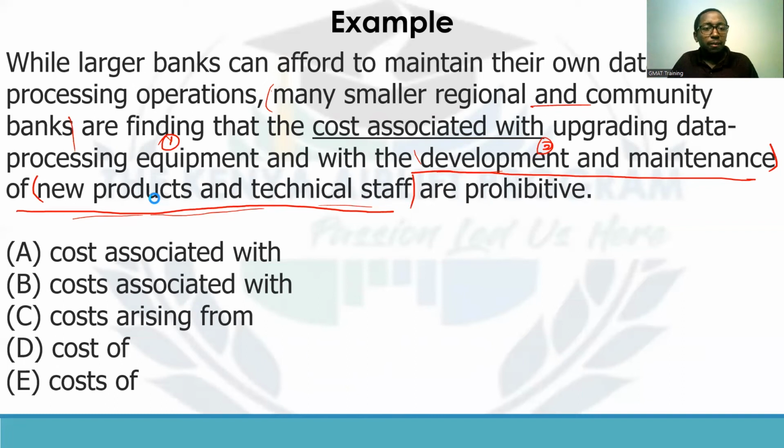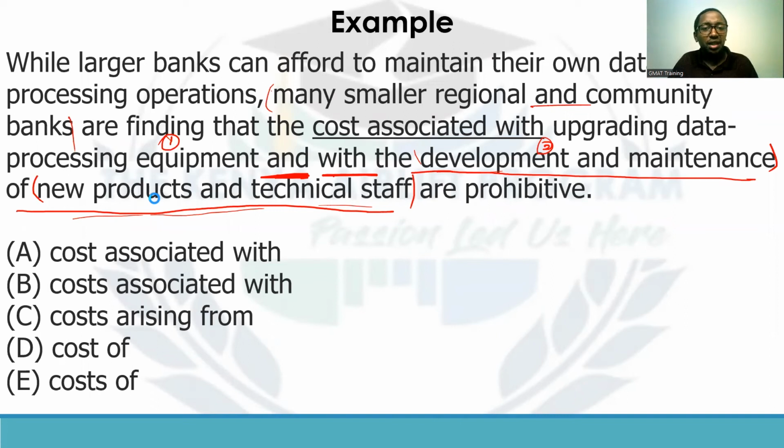Okay, so since we now know what our main lists are, you now identify your "and", which we'll be using, which is this. So what comes after "and"? You have "with" here. So with the development, so the cost associated with the development and maintenance of new products.